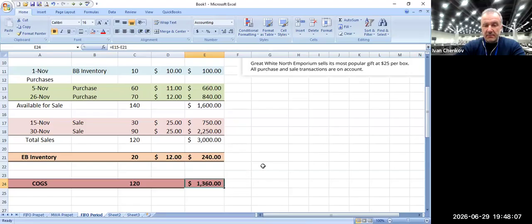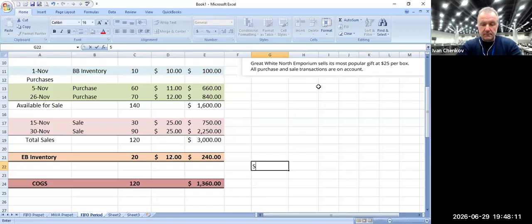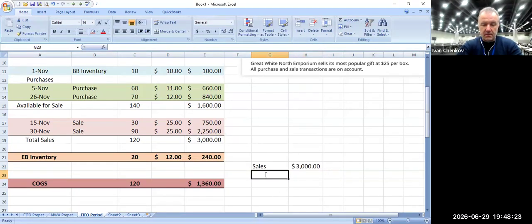In this case, what's going to happen is we're going to have sales, and our sales are $3,000. We know that. We're going to get the cost of goods sold for the period, which is $1,306, and we're going to calculate the gross margin, which will be the total gross margin that we have in the perpetual system.